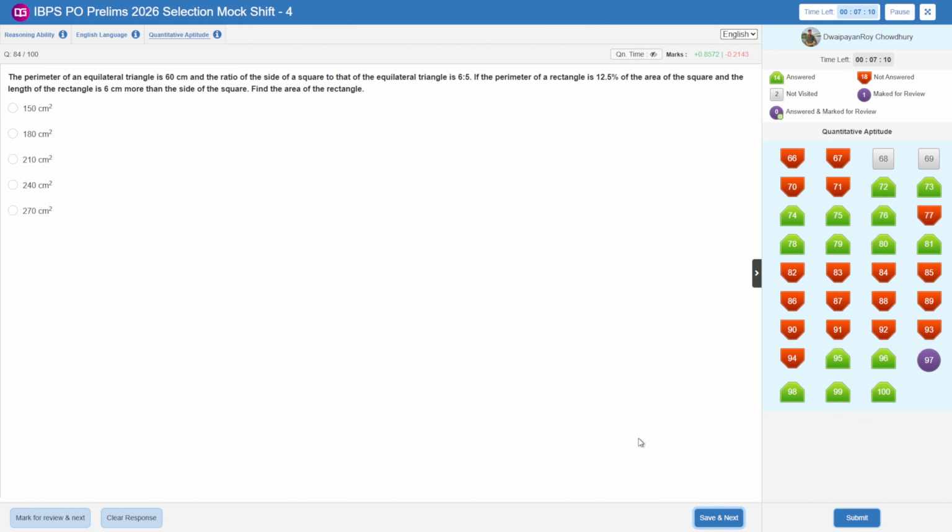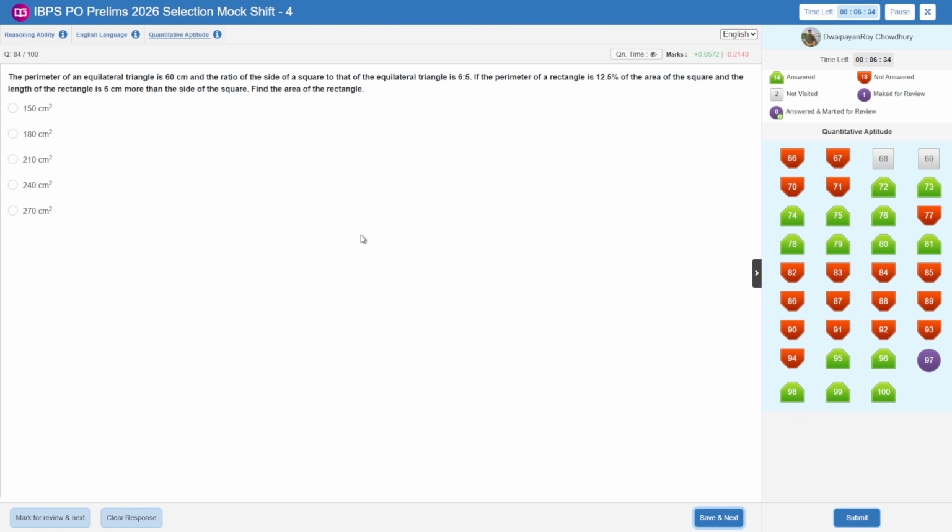Okay, the perimeter of equilateral triangle is 30, so A is 20. The ratio of the side of a square to that of equilateral triangle, so equilateral triangle 5, so that's 24 square. Perimeter of the rectangle is 1/8, area is 1/12 of the area of the square. So area of this square is going to be 576, and it is going to be 1/8. 1/8 means 72 is the perimeter.